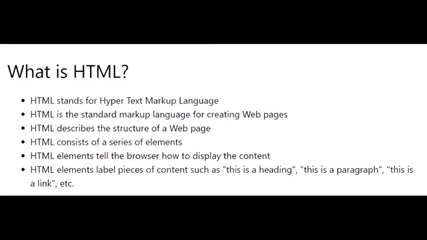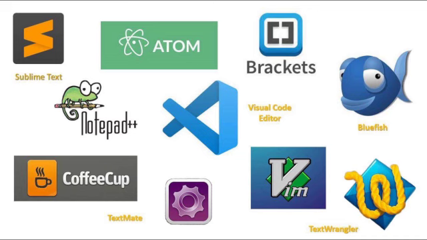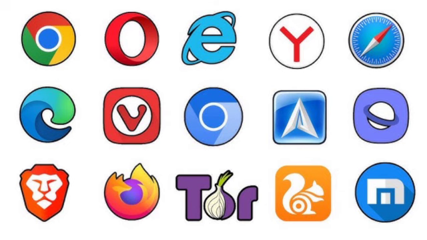Then you have a language, a set of rules that computers understand. So HTML in full tells a web browser. We have different types of web browsers. We have Chrome, Opera Mini, Explorer, Mozilla, Brave browser.